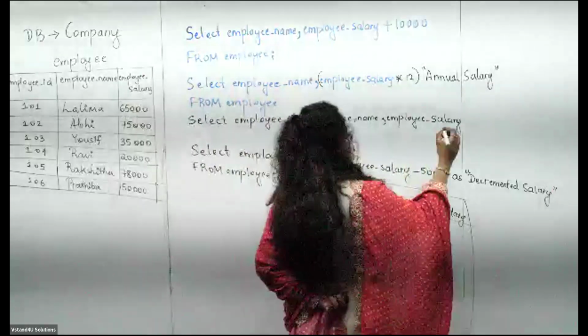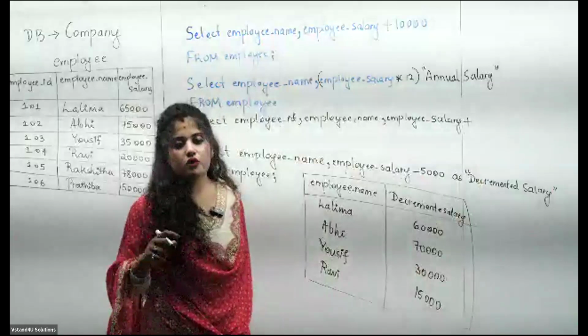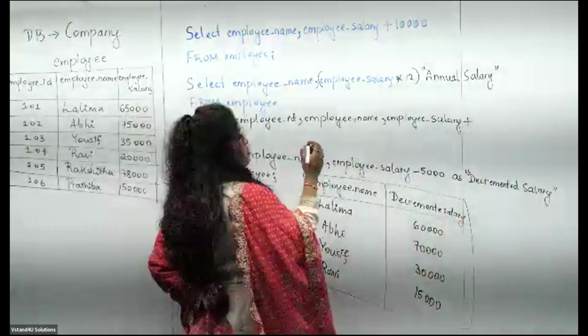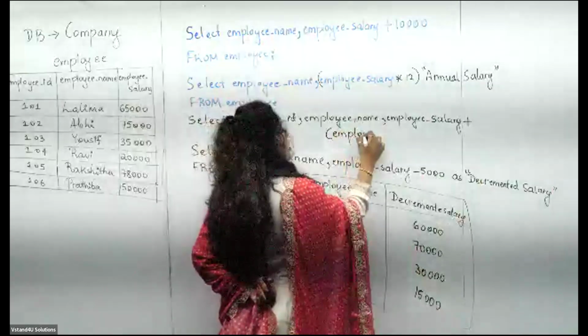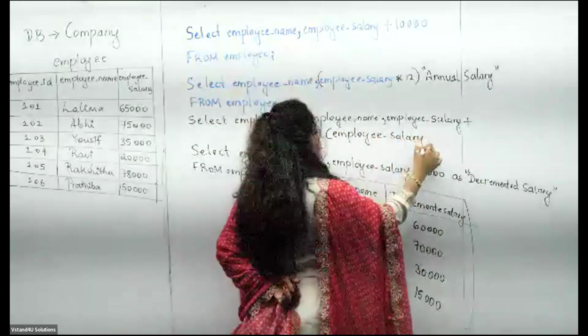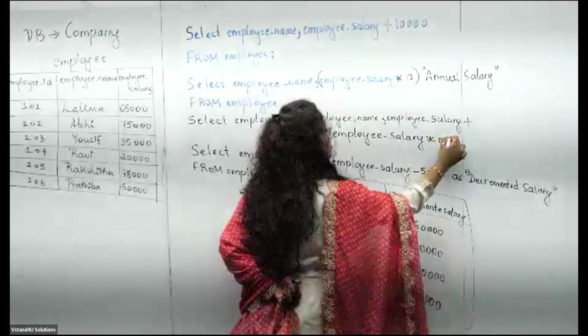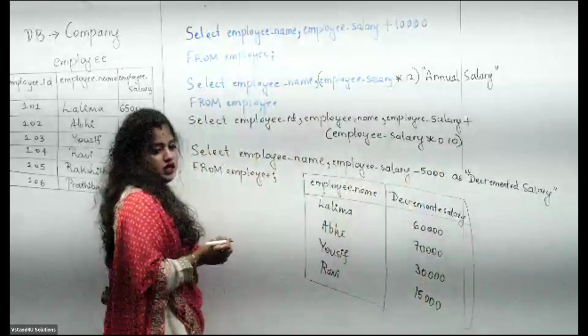Okay. So now 10%, can I write it as 0.10? Yes. So now I will take this inside the brackets and I will say employee salary into 0.10. Correct? Yes or no?